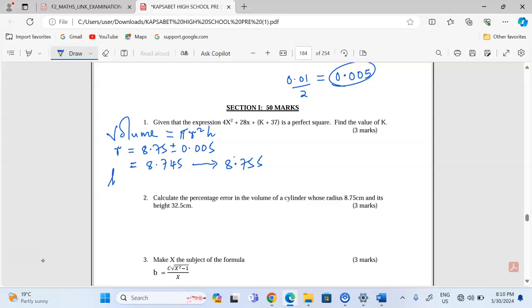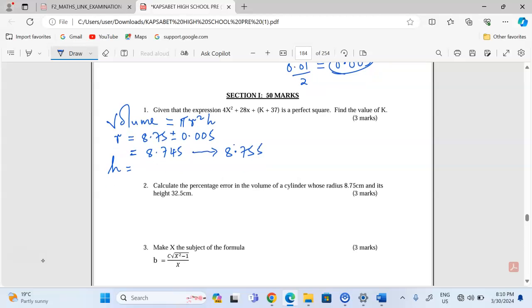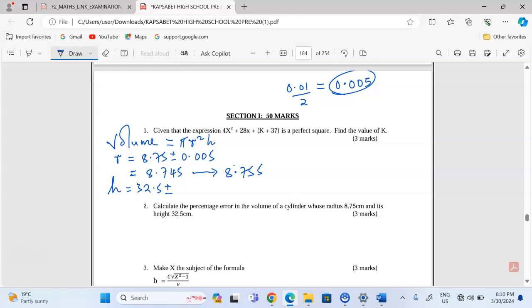We can go to the range of the height, which is now going to be, because it is to 1 decimal place, 32.5 plus or minus the absolute error in the recording of this height. Because of the 1 decimal place, we will take 0.1 divided by 2, giving us 0.05 centimeters as the absolute error. So we add or subtract 0.05.